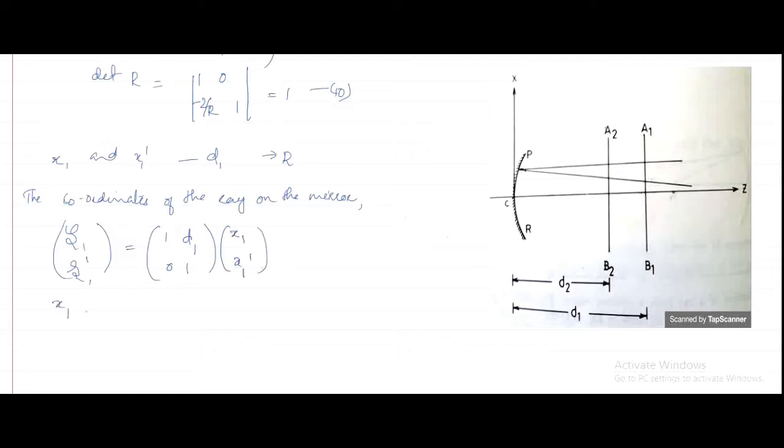Here x1 and x1 dash are the coordinates, that is height and slope of the ray in the plane A1 B1.